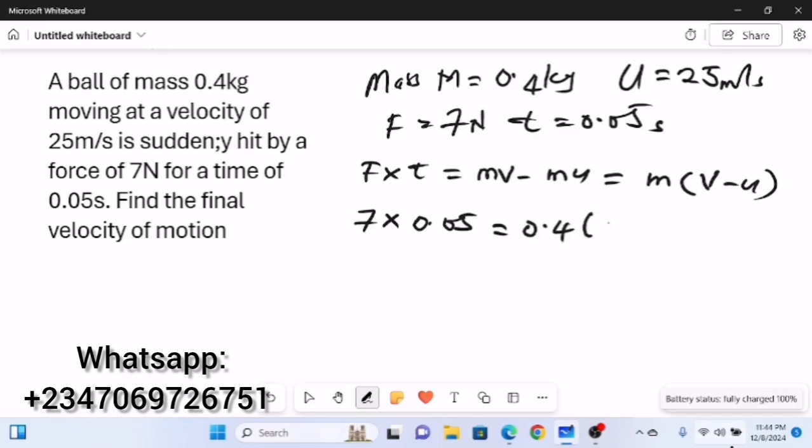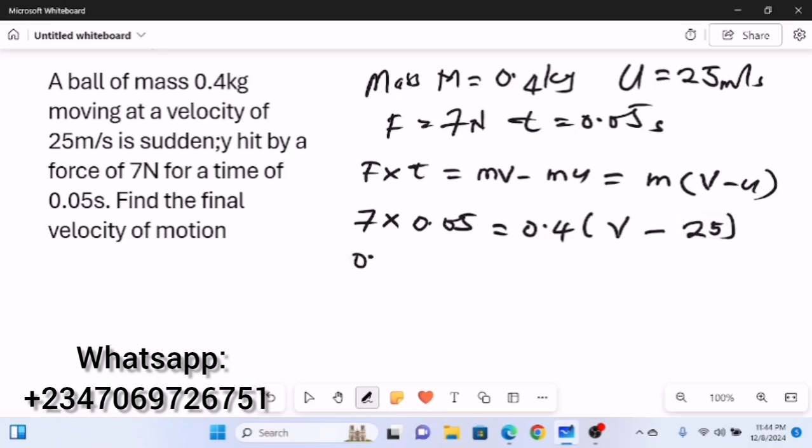V, the final speed, is what we are looking for, and u, the initial speed, was given as 25 meters per second. So the solution is self-explanatory. 7 multiplied by 0.05 simply gives us 0.35.